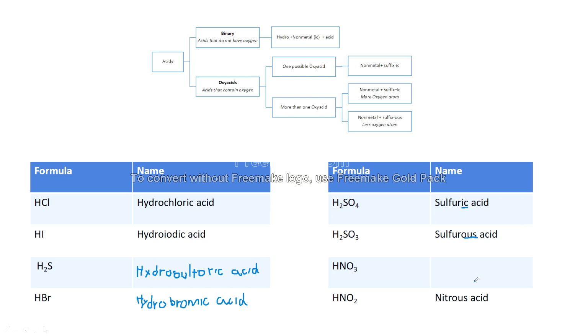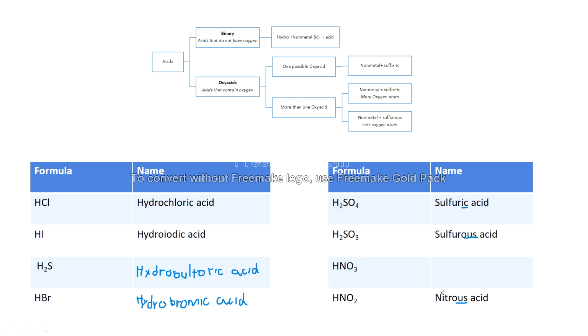Let's try the third and fourth. We have 3 atoms of oxygen and 2 atoms of oxygen. We already know that the one with fewer oxygen atoms will have the OUS terminology, and the one with more oxygen atoms will end with IC.